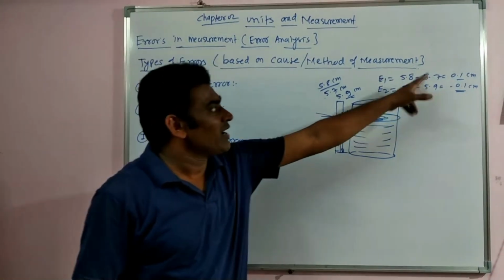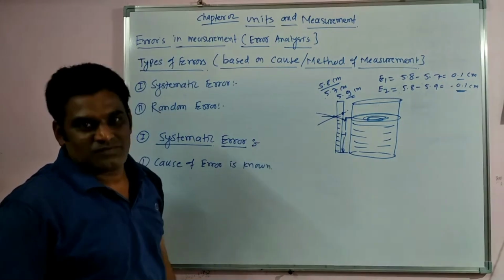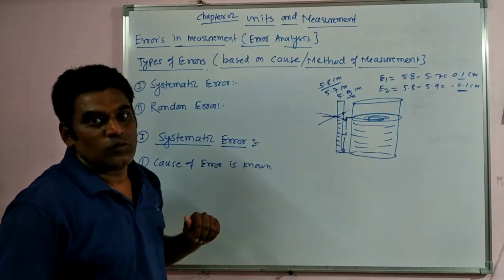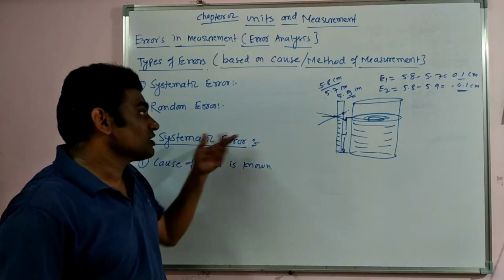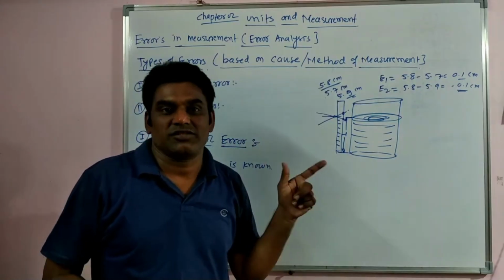So this we can add or subtract in the final and we can correct the measurement. So cause is known, so we can correct it also. This is the meaning of the error here. So this is also systematic error because here the cause is known and we can correct it.